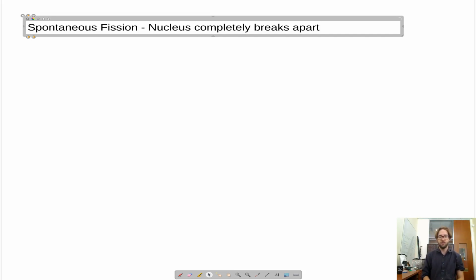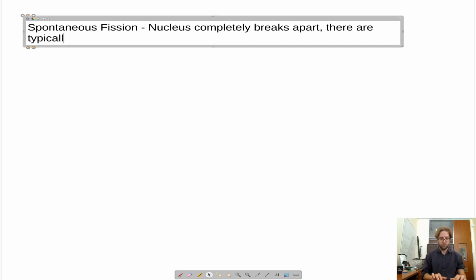It typically breaks into two primary children. So rather than having one major child and some other sort of particle, we get two primary children. And these are called a fission product pair.